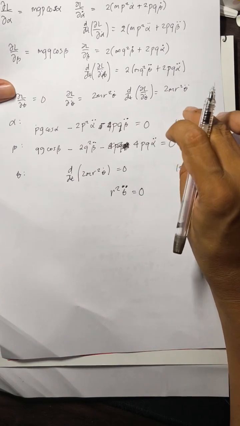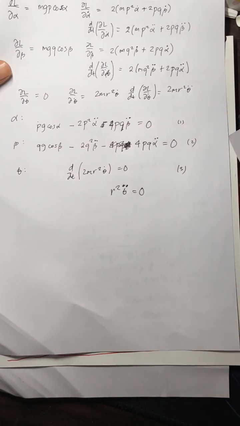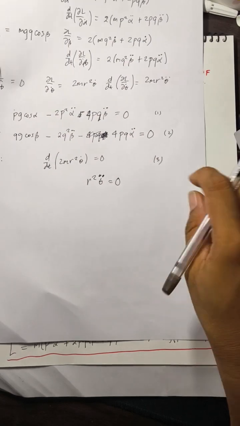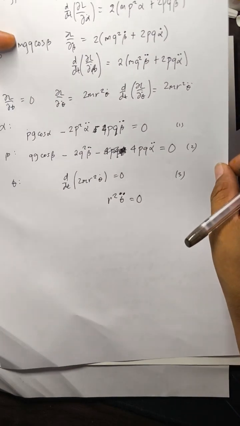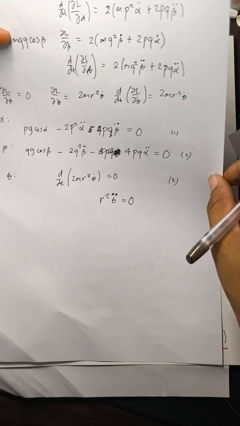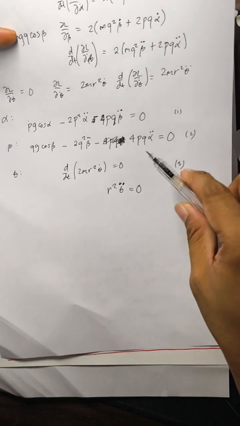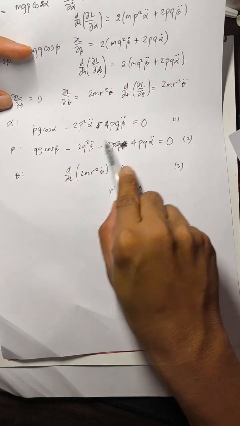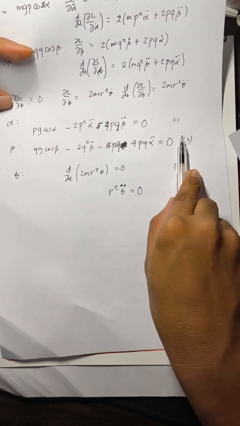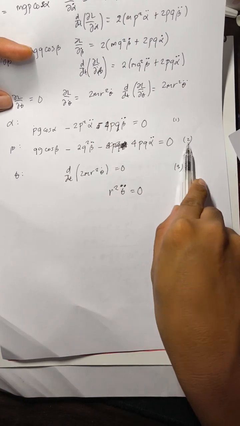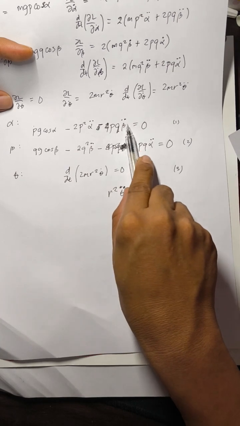So how to solve alpha and beta? It's quite difficult. Is it possible to solve this? We can express beta double dot from one equation and substitute it into the other.